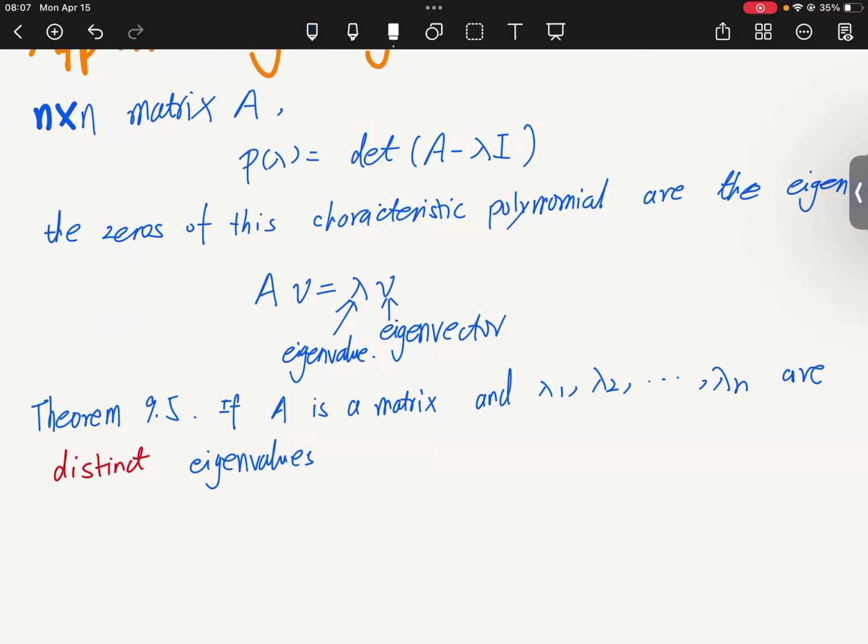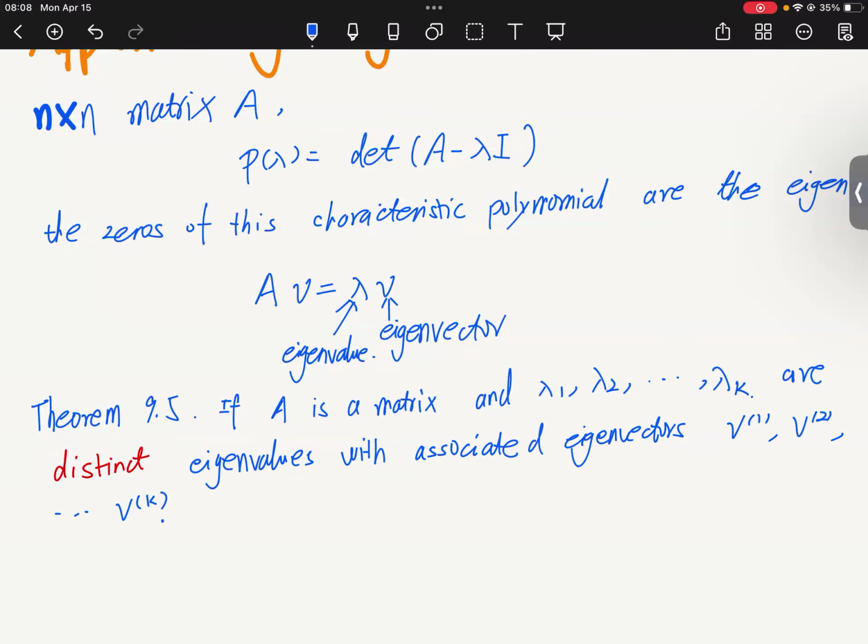So maybe we can have lambda k. Although A is an n by n matrix, if we choose lambda 1, lambda 2 to lambda k that are the distinct eigenvalues from those n eigenvalues, and then we collect the associated eigenvectors together, V1, V2, and then to Vk, they are the eigenvectors corresponding to lambda 1, lambda 2, lambda 3, all the way to lambda k.